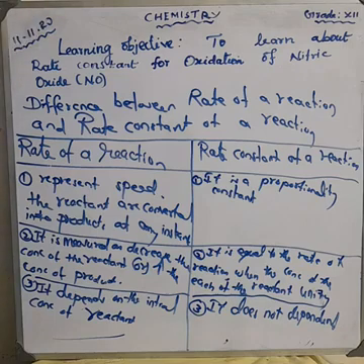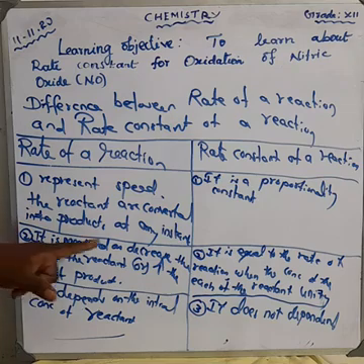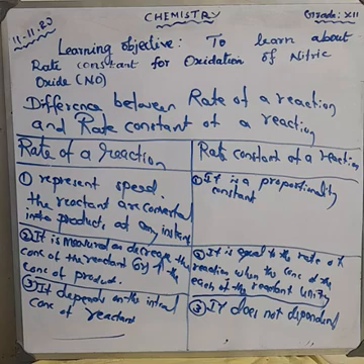The rate constant represents the proportionality constant. The first point is over. The second point: it is measured as decrease in the concentration of the reactant or increase in the concentration of product.